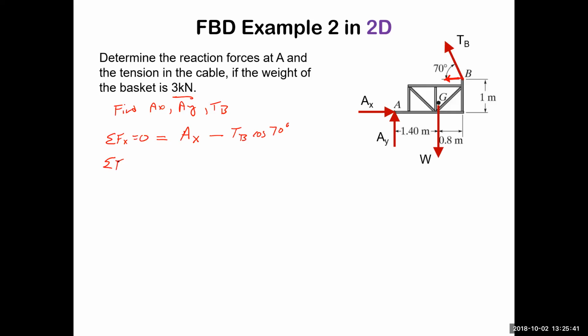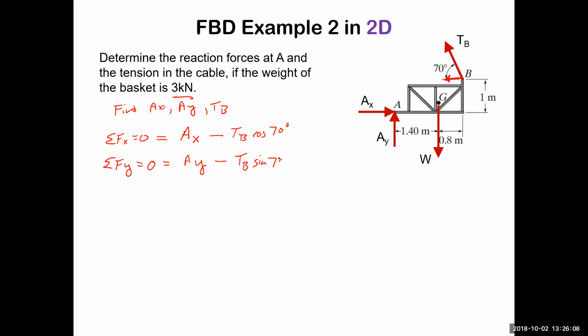Sum of Fy's, let's see, audience participation. Zeki, you want to give me a Y force here? That sounds good. A sub y. Connie, you want to give me another one? Minus TB sine of 70.